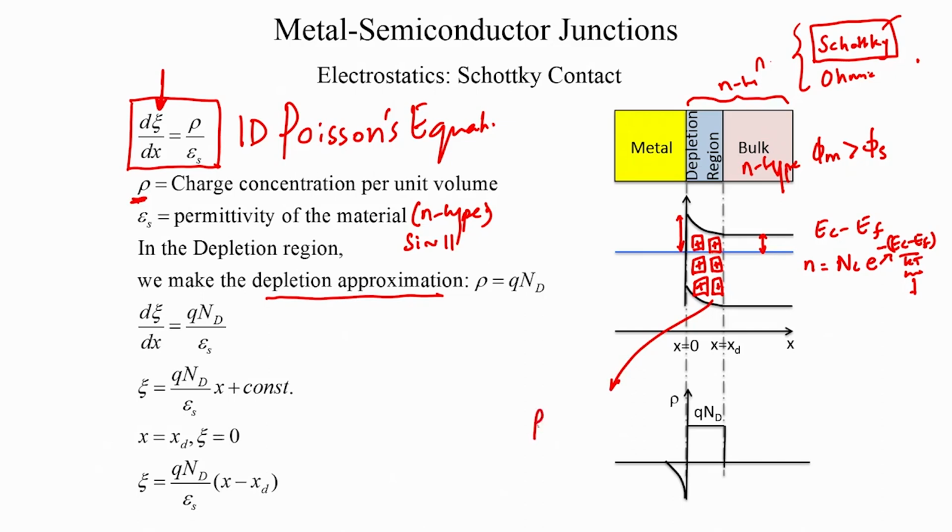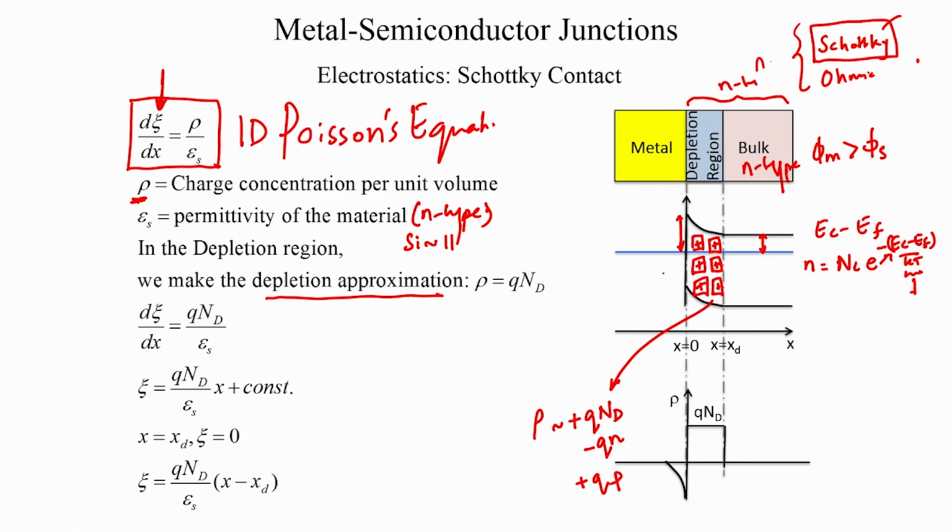You have the fixed donor ions, the positive charge, so you have plus Q into Nd per unit volume. These are all the ionized donor dopants. Then you have minus Q n, where n is the electron concentration, and plus Q p. So that is the complete count of all the charges present in the depletion region.